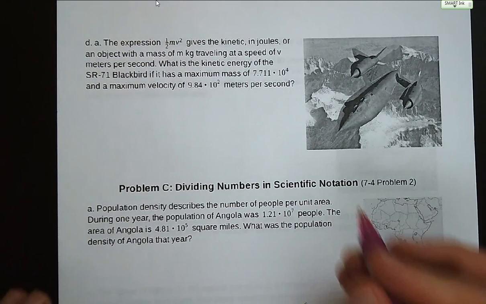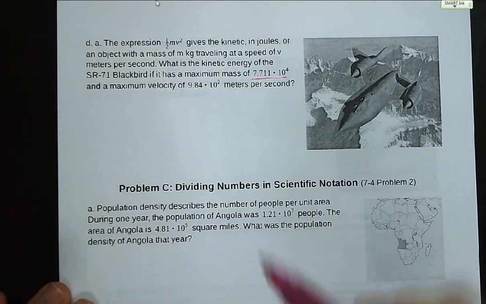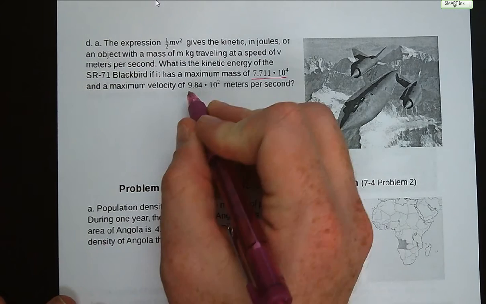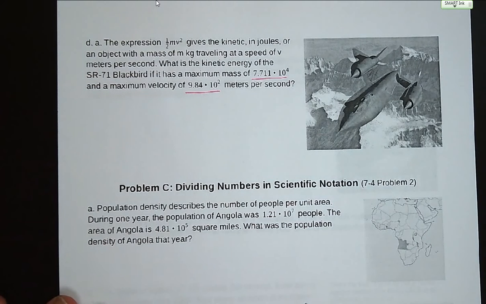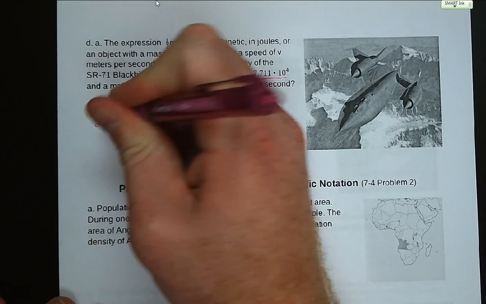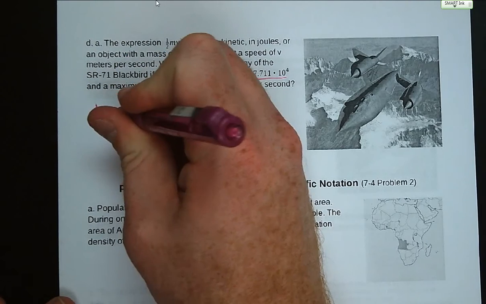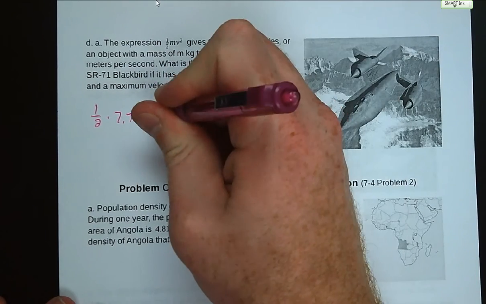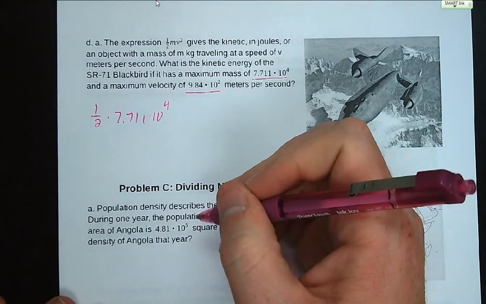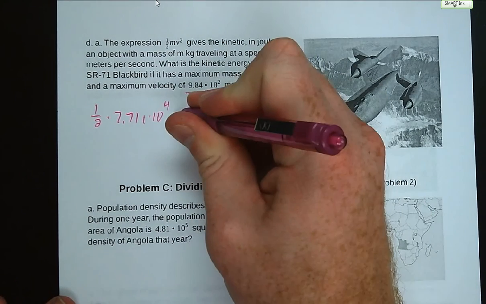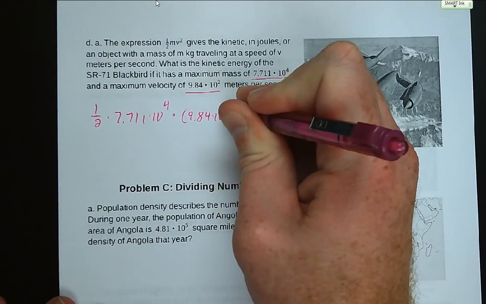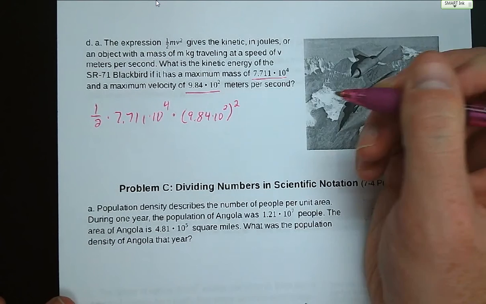So if it had a maximum mass of 7.711 times 10 to the 4th kilograms and a maximum velocity of 9.84 times 10 to the 2nd meters per second, we use our equation 1/2 times the mass. So we have 7.711 times 10 to the 4th. And then we multiply that by our velocity, 9.84 times 10 to the 2nd power squared.